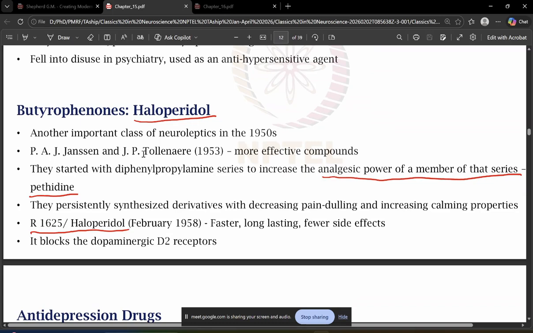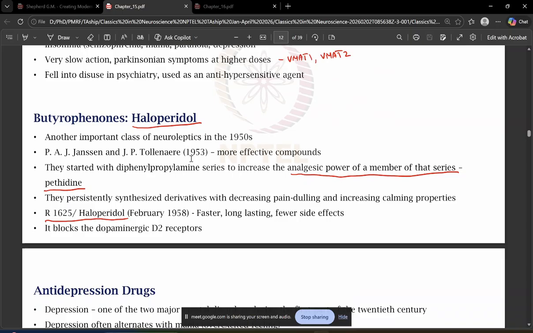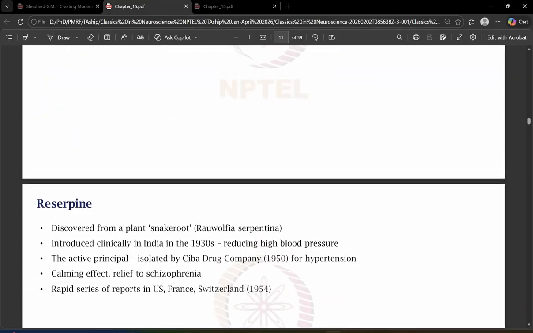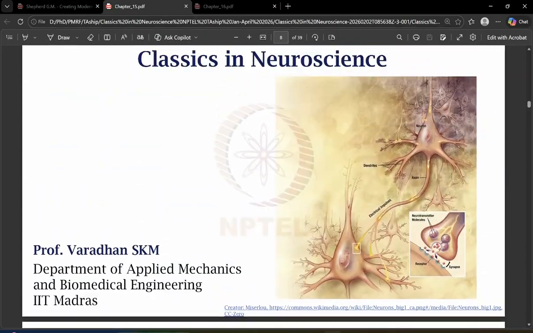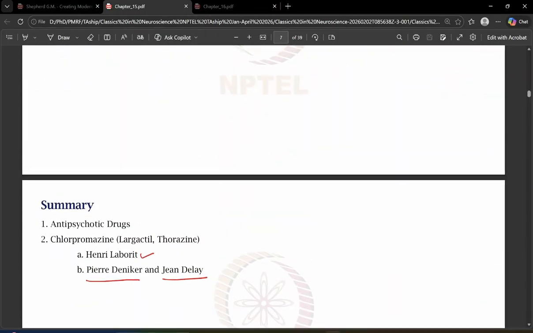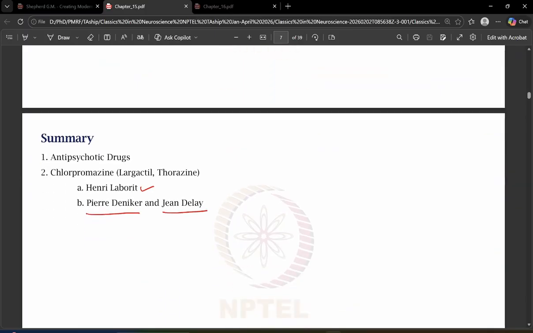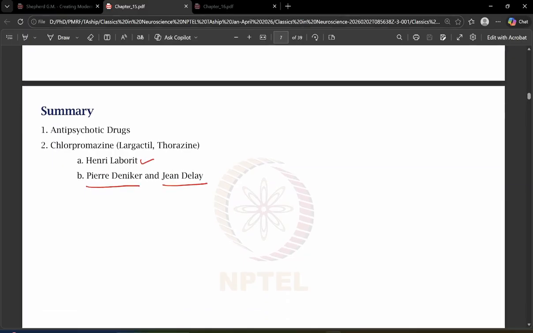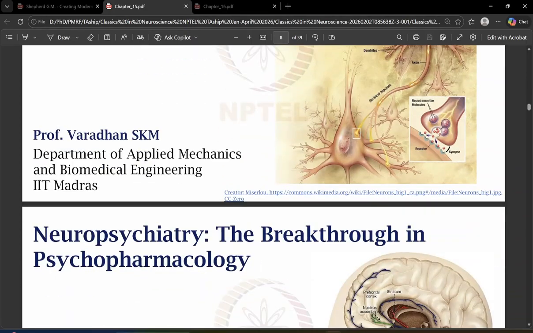So Janssen and Tollenaire wanted to find out compounds that were even more effective than the drug chlorpromazine. Chlorpromazine was shown by Henry Laborit to act as an antipsychotic drug. We'll come to that later. I will be discussing that in some time.